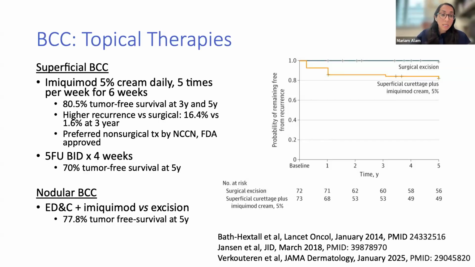People who have ED&Cs plus imiquimod have 77% tumor-free survival at 5 years, which is less than like the 98, 99% that you would get with an excision, but it's also not that bad and is a less invasive procedure. And here's just kind of the study that's showing the survival difference or the probability of recurrence in those patients.